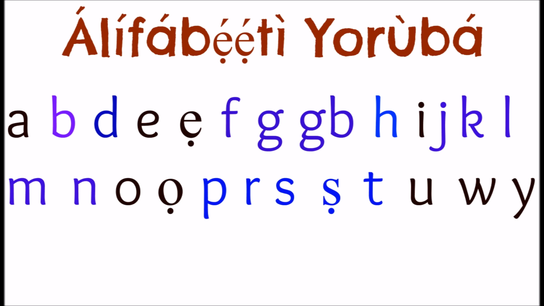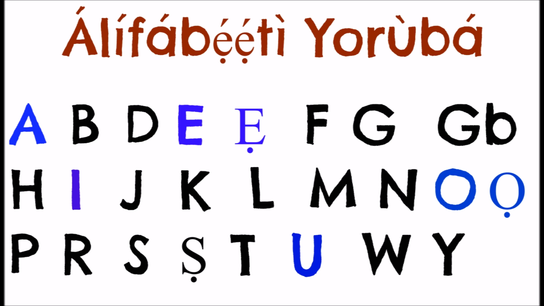A, B, D, E, F, G, GB. E, G, K, L, M, N, O, P, R, S, Sh, T, U, W, Y. See how musical it sounds. So this is how we write the Yoruba alphabet in capital letters.